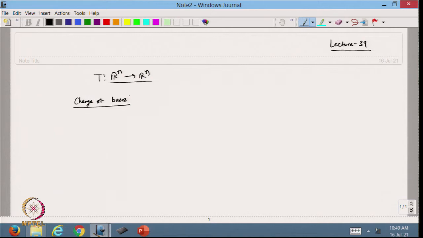Let us take R2. In R2, suppose I have a basis B1 that is given to me. I just take a very simple basis: (1, 0) and (1, 1).